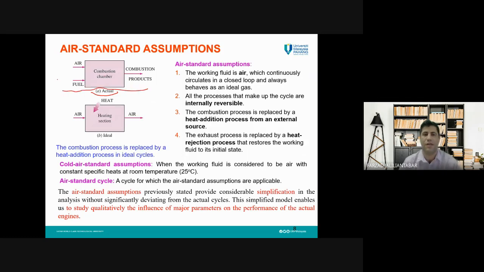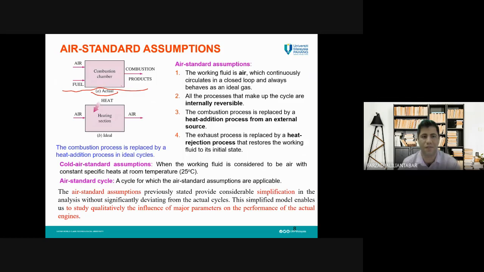It is easy to understand, I think: fuel from one side, air reacts, energy is released, and then the burned fuel and air will go out of the system from the exhaust tailpipe. This is the actual one. You can see here it's not easy to manage.